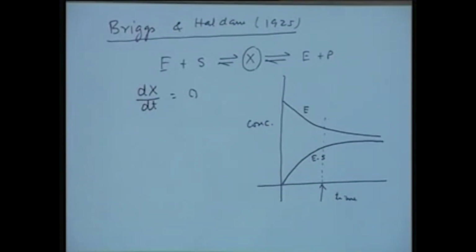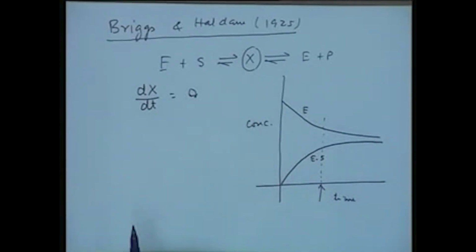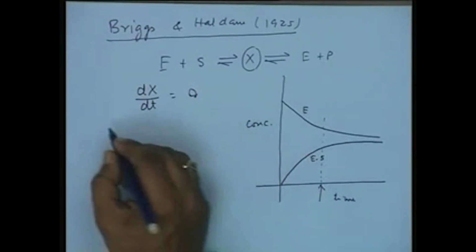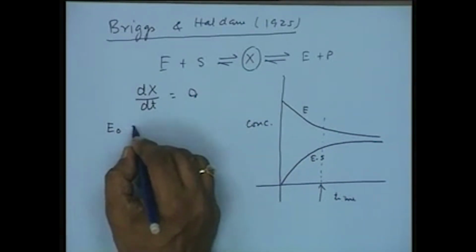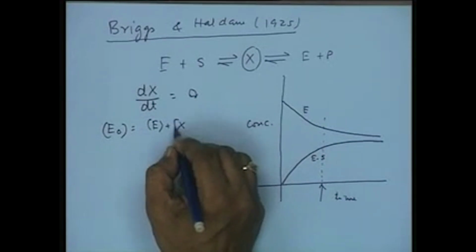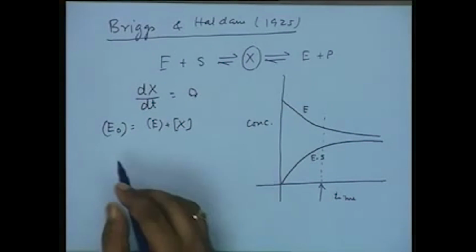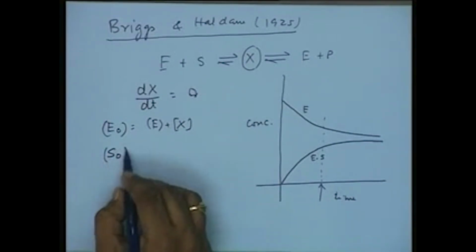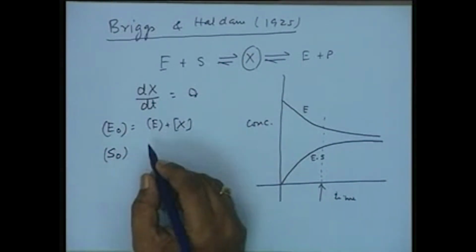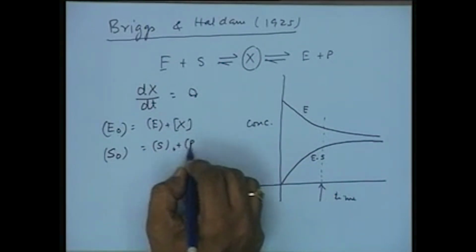You can write this with the assumption dx over dt equal to 0, and also with E0 equal to E plus x, where x is the enzyme substrate complex. Then you can also take the conservation equation for substrate, which will be equal to the substrate concentration plus product concentration.